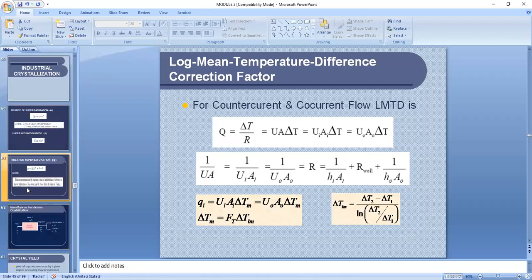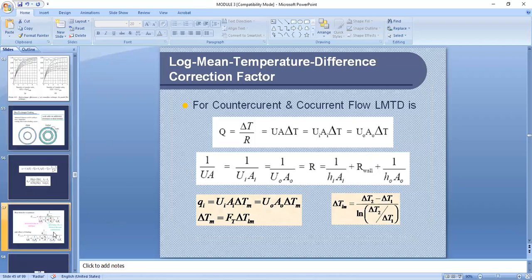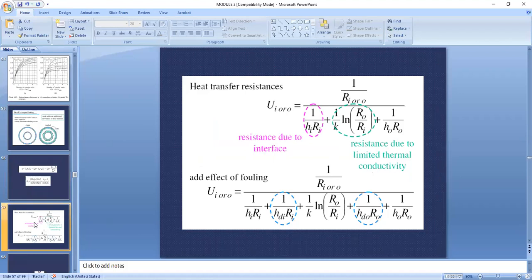So you just modify the formula for the R, or we modify the formula that we have for the U. Never mind the subscripts ORO here. This simply means the outer circle, the inner circle, and the radius in between. So that's what is meant by ORO.